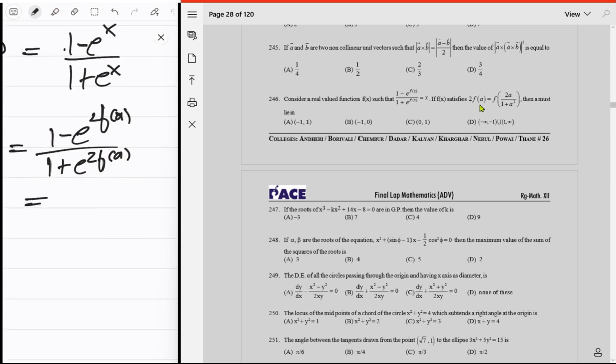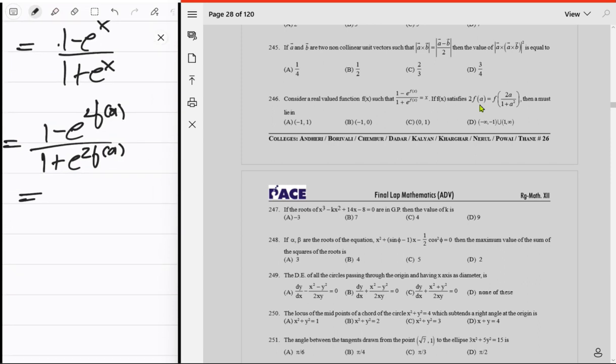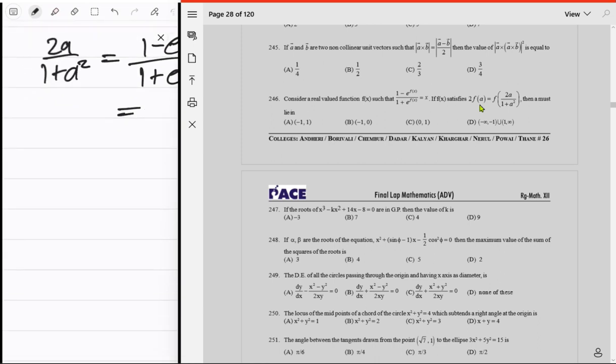Okay. So what do I do then? Split this, or no, this won't work because then a must lie in. This is getting complicated. So we'll have to think of e power f of a as a function of x. Why?